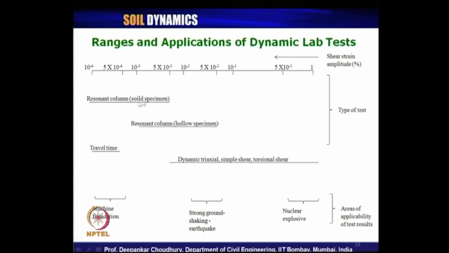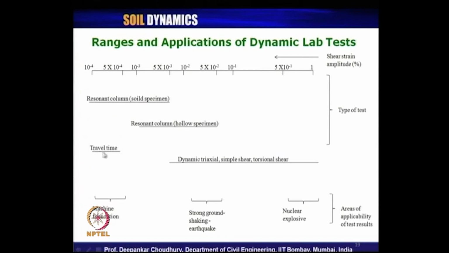That is the range which is applied to the soil sample while testing a solid specimen. Whereas, if we use a hollow specimen in that same resonant column test, generally we can go to a little higher value of the cyclic shear strain amplitude, about 5 into 10 to the power minus 2% to about 10 to the power minus 3%, and the results we will get are pretty good.